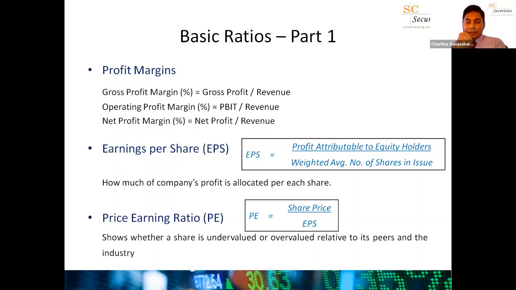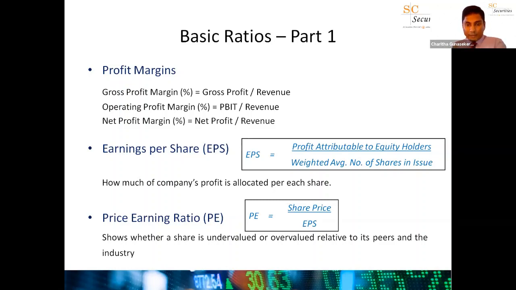So you are paying 10 rupees to own a share which has the earning capacity of 2 rupees per annum. The share can earn you 2 rupees per annum and you are paying 10 rupees to own this share. So in very simple terms, if you buy this share at 10 rupees, it will take 5 years theoretically for your share price to be earned by the company.